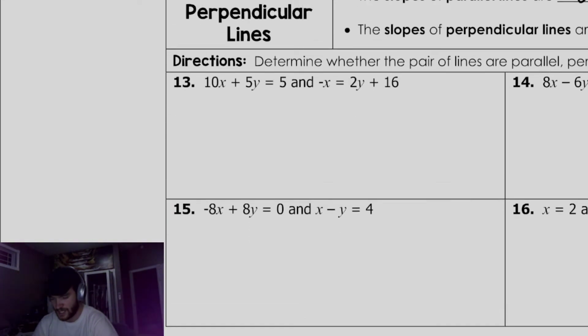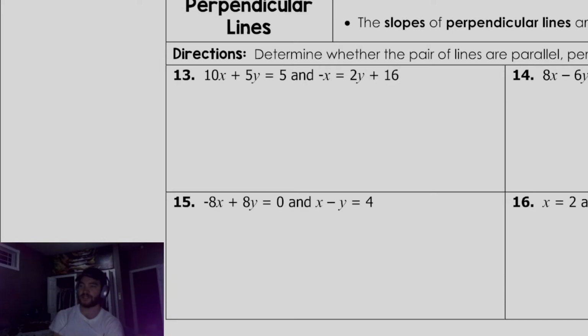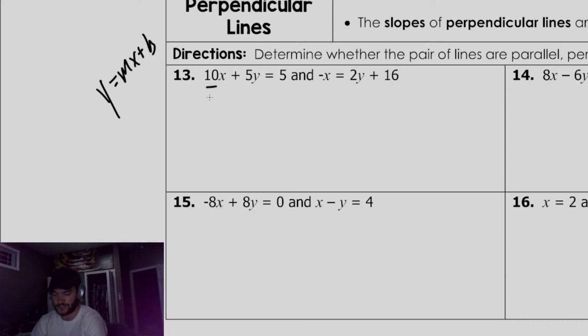Great. Determine whether the pair of lines are parallel or perpendicular. My best advice to you is to definitely get them in slope-intercept form. So, again, slope-intercept is y equals mx plus b. First off, I'm going to take everything divided by 5, just because I want to get it reduced down to whatever I can. So this ends up becoming 2x plus y equals 1.